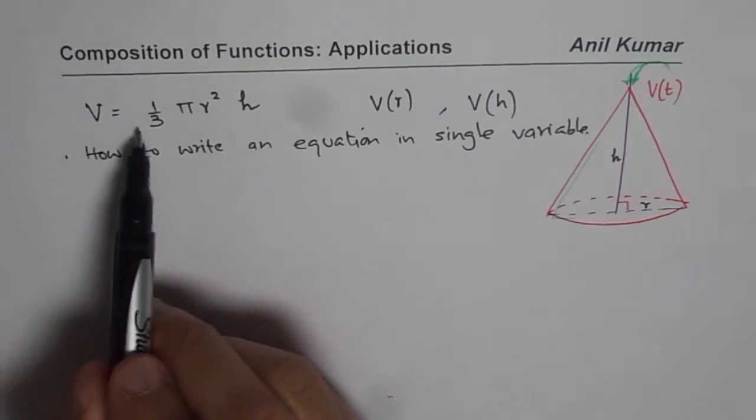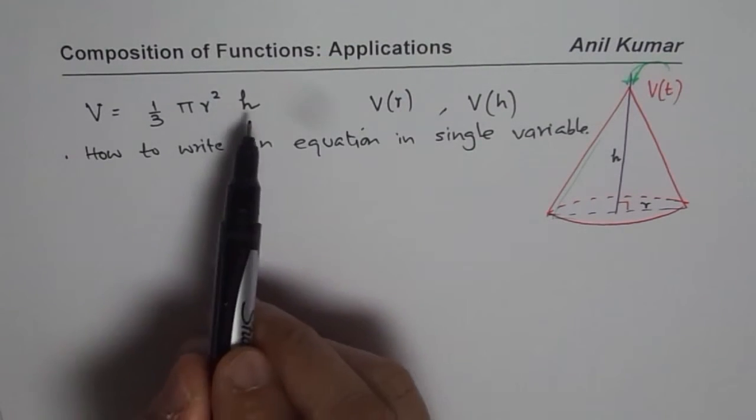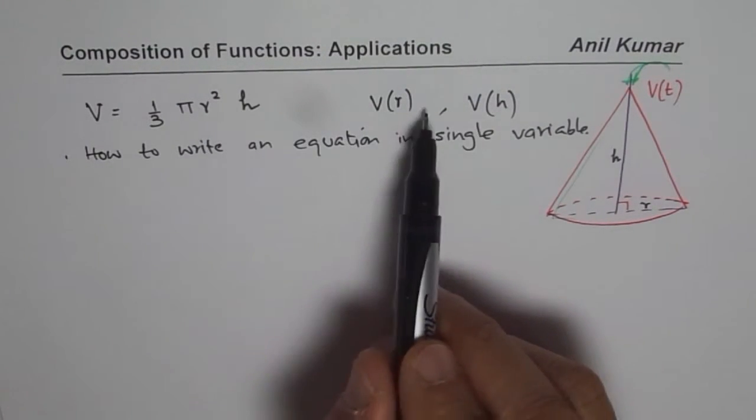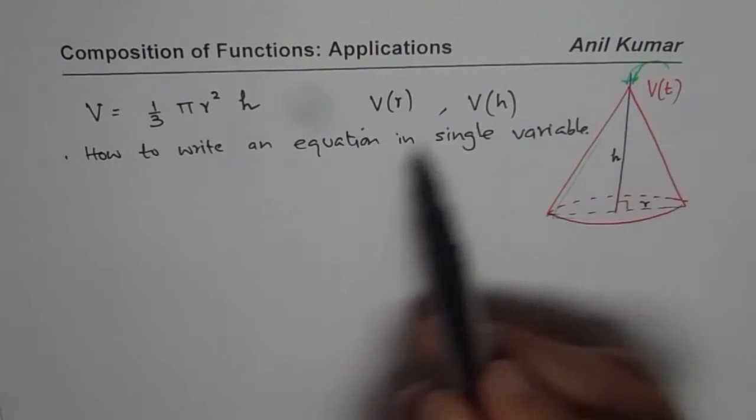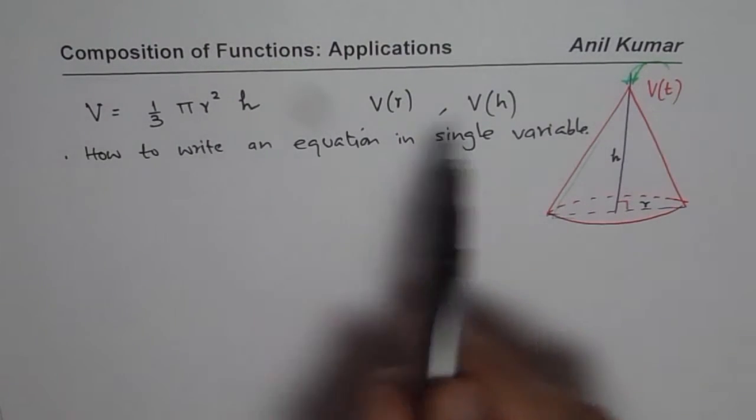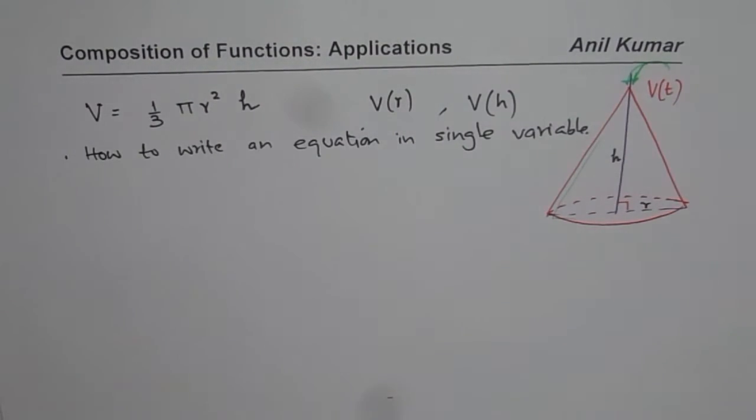So if I relate this volume in terms of radius or in terms of height, and if I know volume in terms of time, I can relate all of them, and this is where composition of functions comes into the picture. So I think with this particular example you have a fairly good idea how important this topic of composition of functions can be, right? So that is what we are getting into.